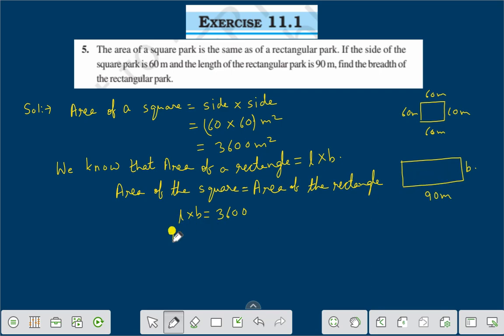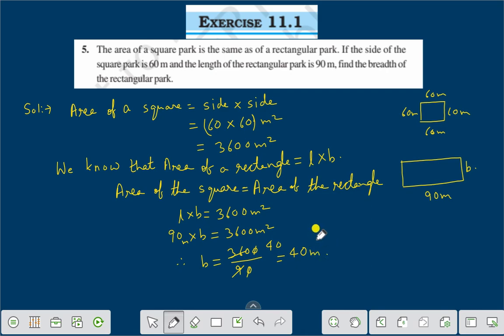So 90 meter into B is 3600 meter square. Therefore we can write B is equal to 3600 by 90. This 0 will cut, and 4 9 36 and 0, that is equal to 40 meter.